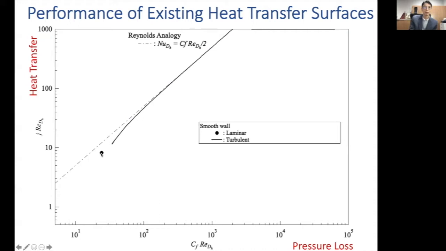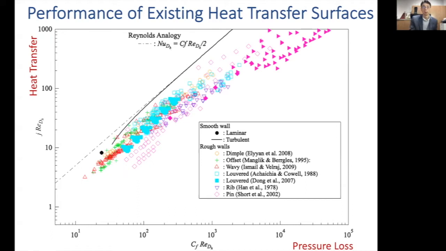So this black dot corresponds to laminar flow. Actually, this point is independent of the Reynolds number. And at some point, the flow transitions to turbulence. And then with increasing Reynolds number, the line, this is for the smooth wall, eventually converges to the Reynolds analogy as suggested by Reynolds.